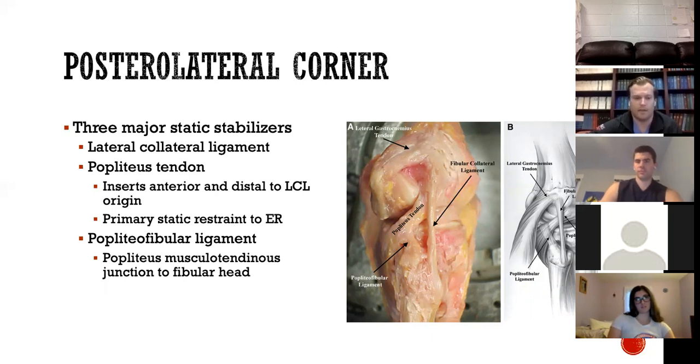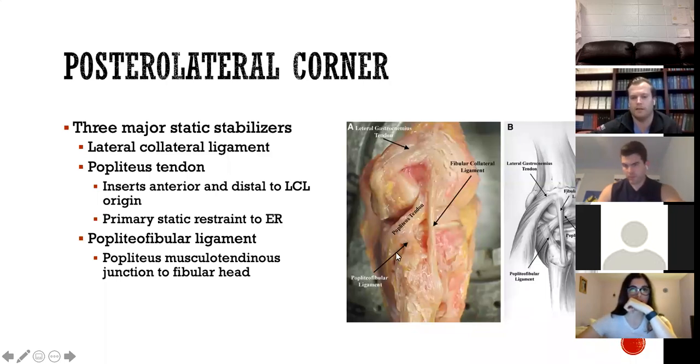We also have the popliteus tendon, which inserts anterior and distal to the LCL origin. That is a primary static restraint to external rotation of the tibia. Finally, there's also the popliteofibular ligament that connects the musculotendinous junction of the popliteus tendon to the fibular head.